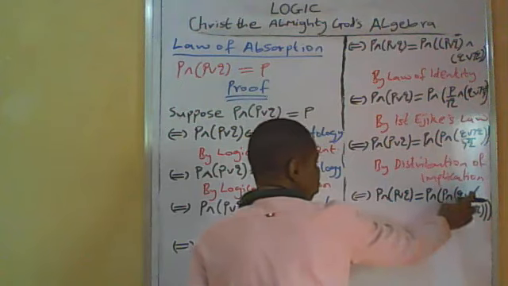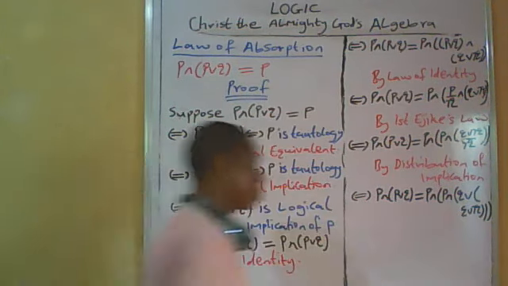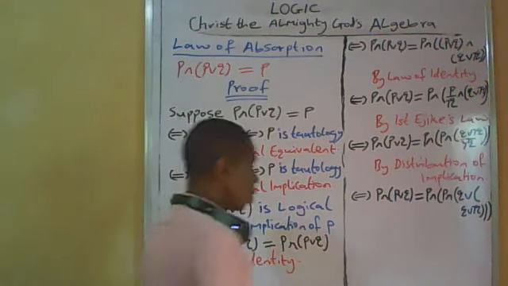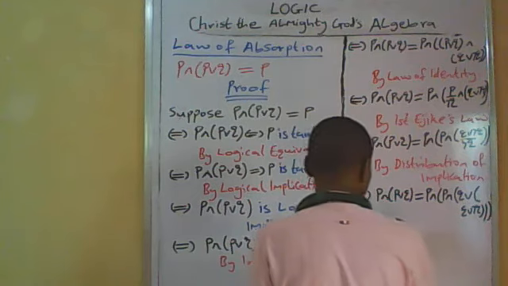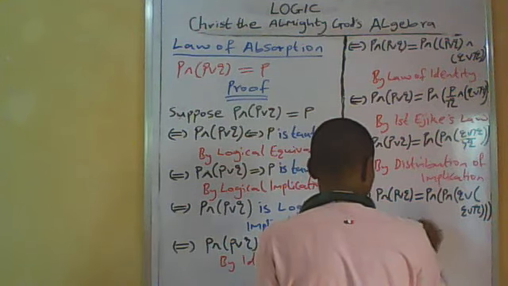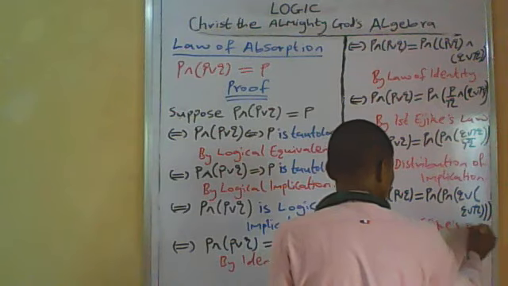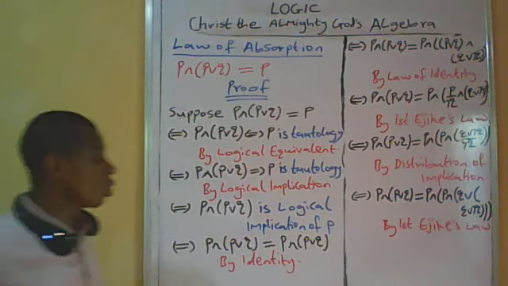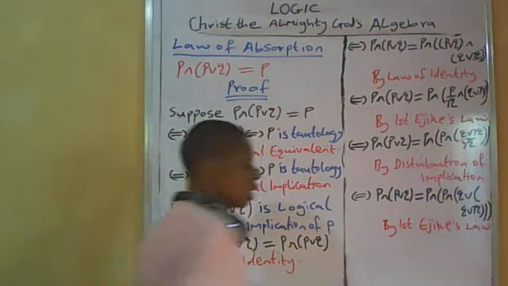Now I have Q or bracket Q or not Q. Being justified by first implication law. So it's through first implication law that we transform this conditional statement to a disjunctive statement.